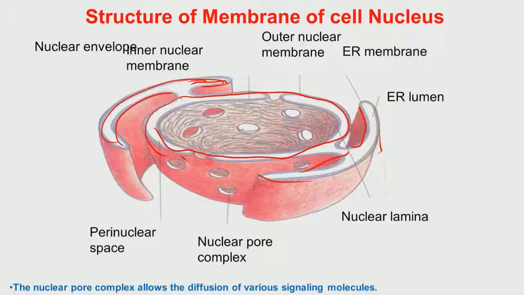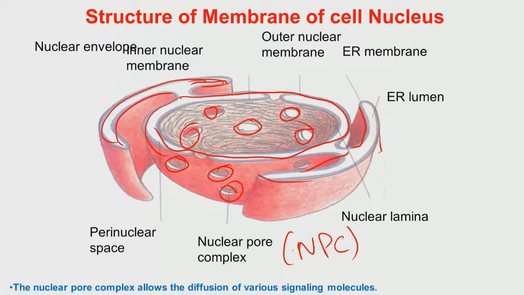The way I am drawing, you see that there are certain holes in the nuclear membrane structure, and these holes essentially form what they call the nuclear pore complex. This nuclear pore complex is one of the things that also allows the transport of proteins or certain cellular signaling molecules into the nucleus from the cytoplasm.